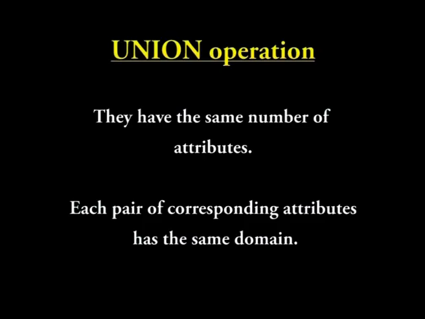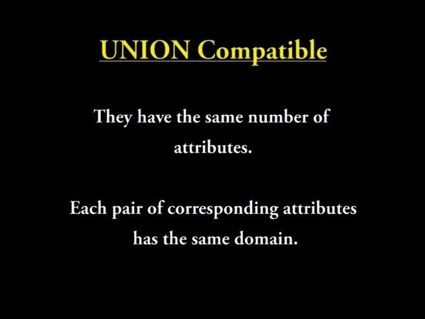Hence, R and S must be union compatible. So, when are two relations said to be union compatible? If they have the same number of attributes, and if each pair of the corresponding attributes has the same domain.